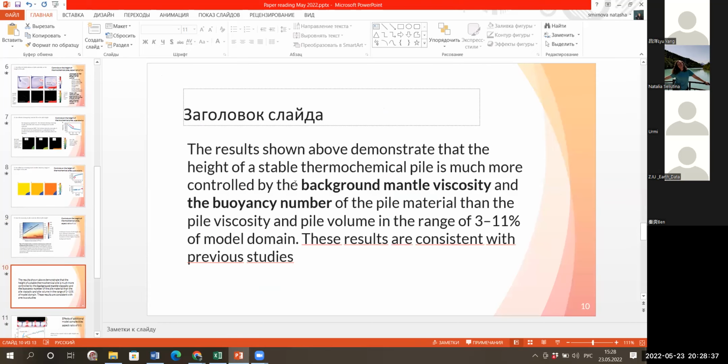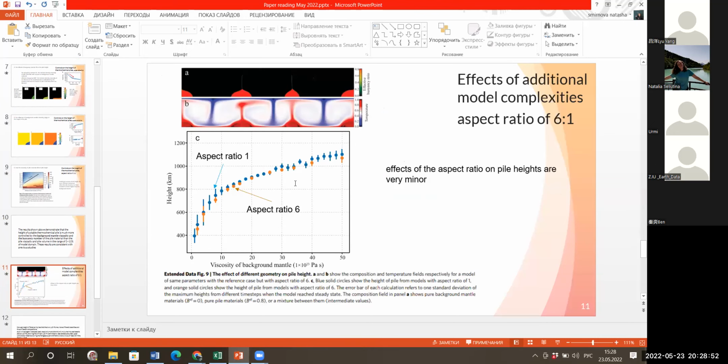The results shown above demonstrate that the height of a stable thermochemical pile is much more controlled by the background mantle viscosity and the buoyancy number of the pile material. And those results are consistent with previous studies. Next, the authors decided to add some complexities to the model, and it is shown that adding more complexities such as spin transition in the lower mantle or compositional dependence of compressibility would affect the pile height, but only in small amounts.